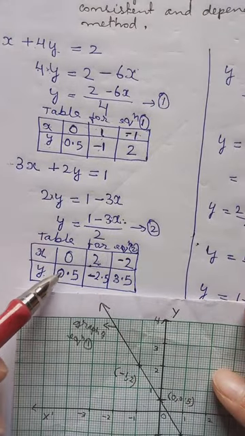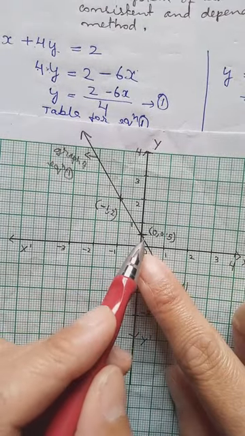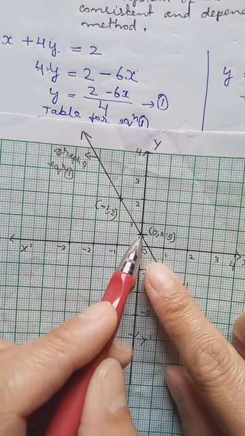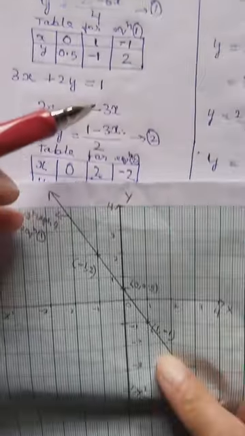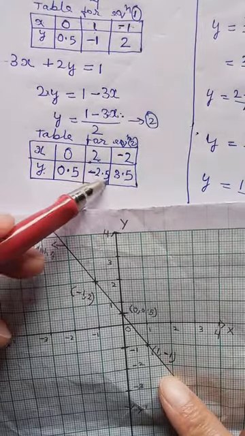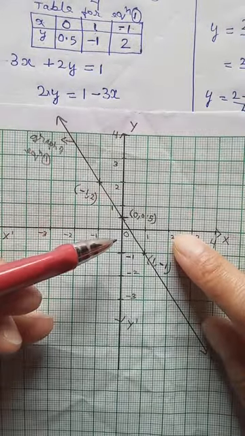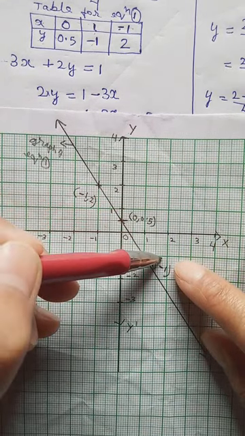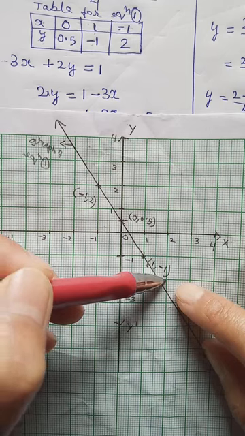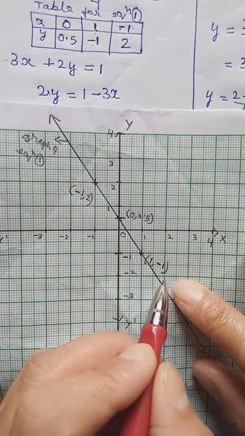Then next we'll see for number 2. In table 2 we have 0, 0.5. This is the same, so that means x is 0, y is 0.5. So it will be the same point here, no need to draw again. Then we have 2, minus 2.5. x is 2, y is minus 2.5, so that means we have to go down. From this line of 2 we go 1, then 2, then from 2 here you count, because we have 0.5, so you count 5.